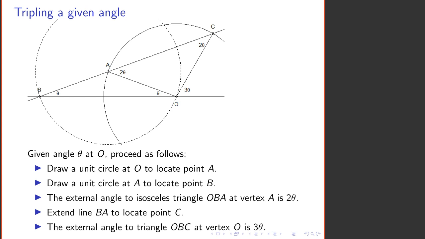Now I extend the line BA until it hits my first circle at C, and I look at the triangle OBC. Clearly, this angle is an external angle of that triangle, and according to Euclid, it is the sum of these two angles, theta and 2 theta, and therefore the angle at O is 3 theta. So the question is, how do we run this backwards?